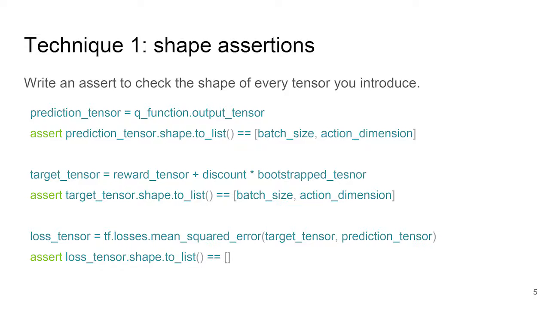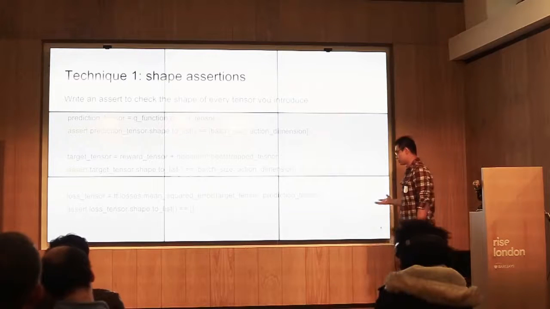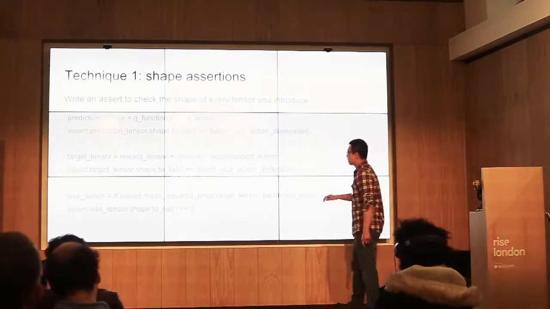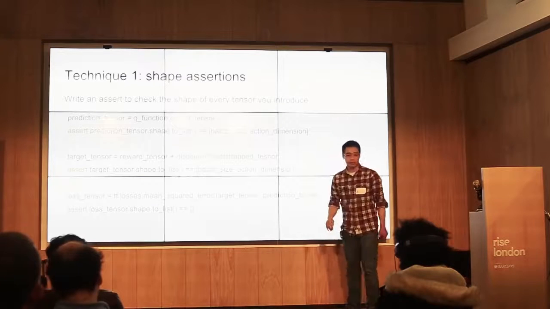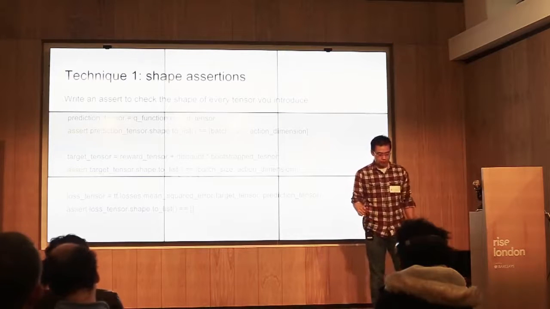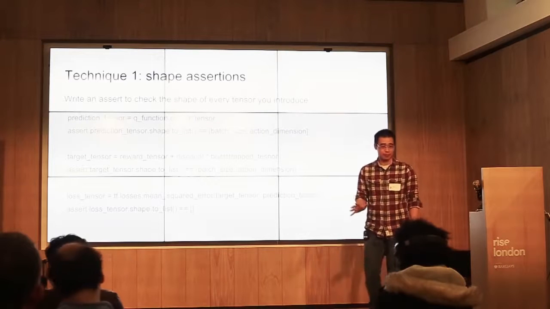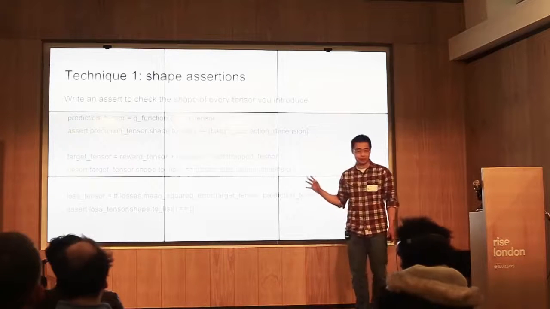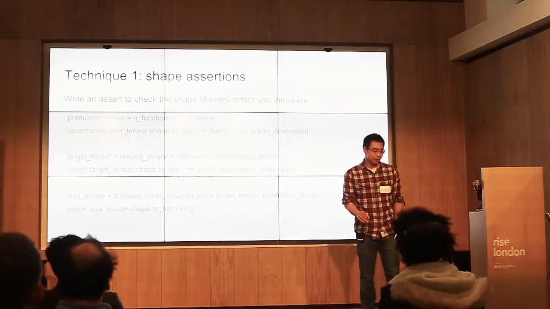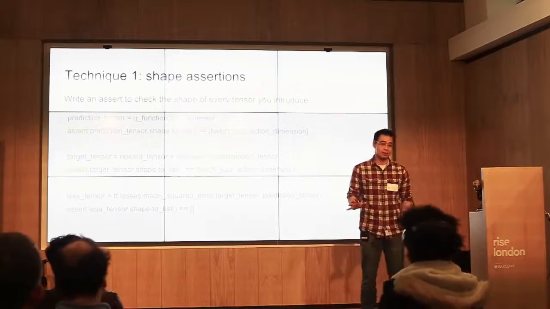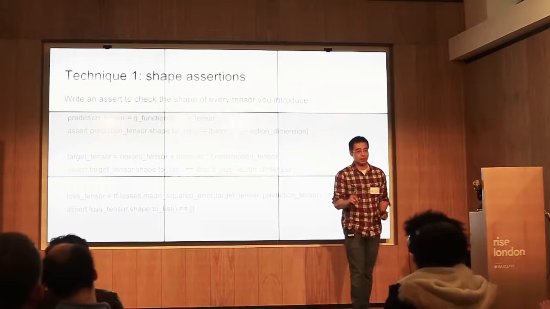The loss tensor is the mean square error between your target and your prediction. Now I added 3 assertions checking the shape of those things. It sounds super trivial, but once you start writing those things, oh boy, you realize how often you're wrong about those assumptions of the shapes.